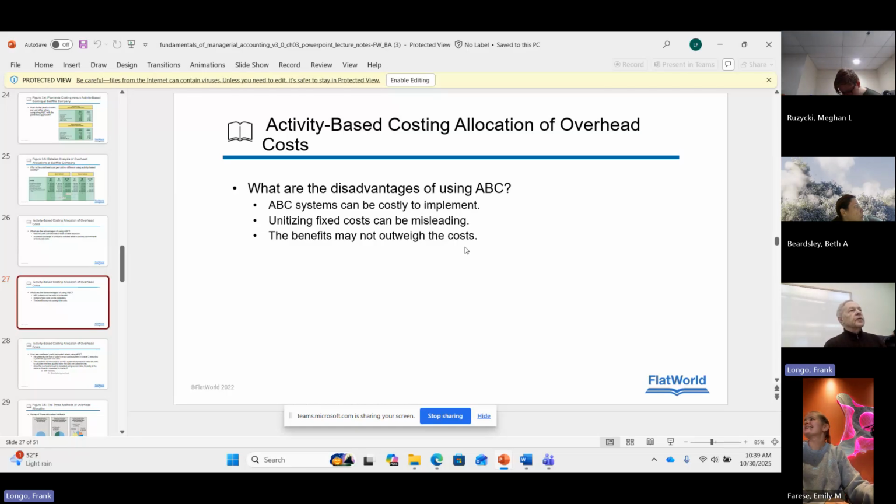The longer answer is, when we look at each activity, the purchasing, the setups, and we had 5 activities, that takes time. It costs money. In short, ABC can be more costly. Remember, we're always looking to save cost.